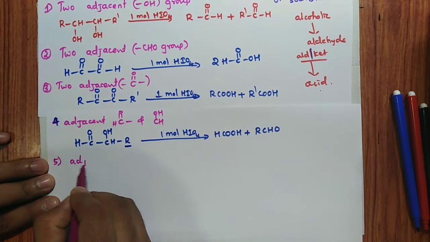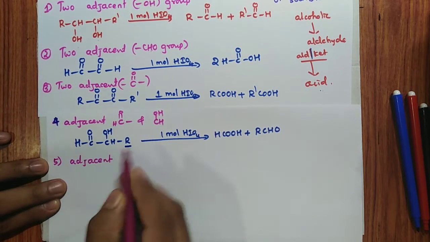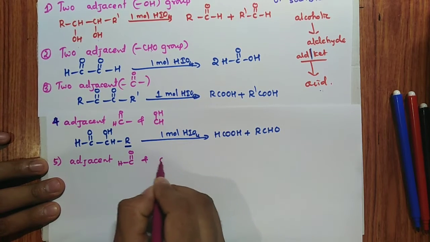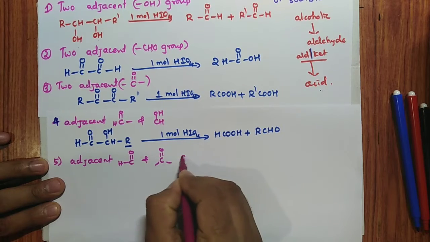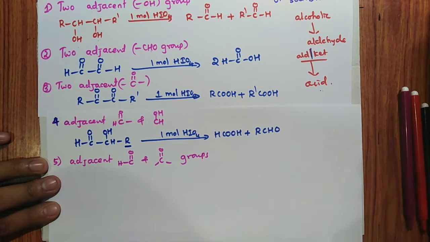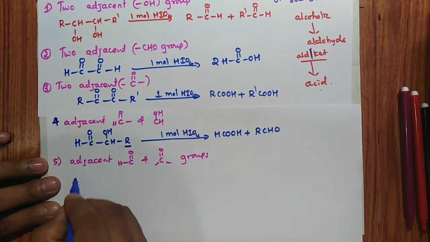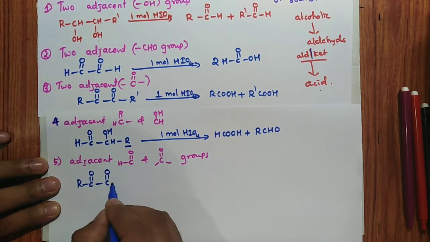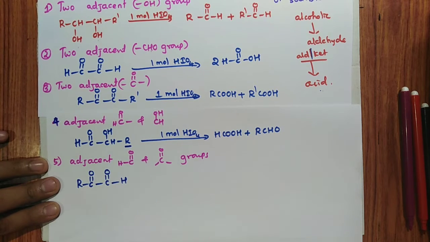Now these two adjacent will keep, correct? If aldehyde and ketone groups are adjacent to each other, for example RC double bond O, C double bond O, H, this is aldehyde, this is ketone.